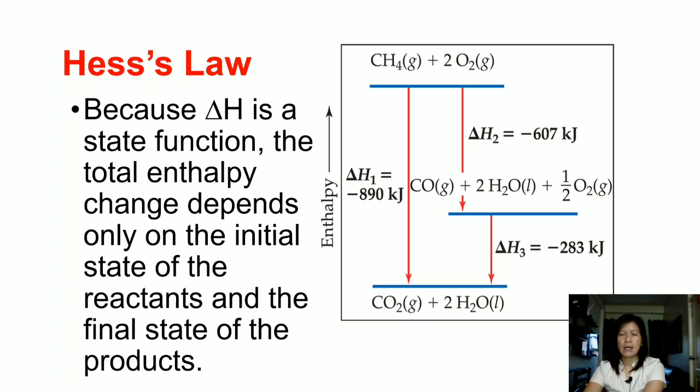That is the further reaction of the initial product, carbon monoxide, with oxygen, because water has been formed here. So carbon monoxide further reacts to form the final products. Again, regardless of the steps taking place in the reaction, the change in enthalpy always depends on the initial state of the reactants and the final state of the products.